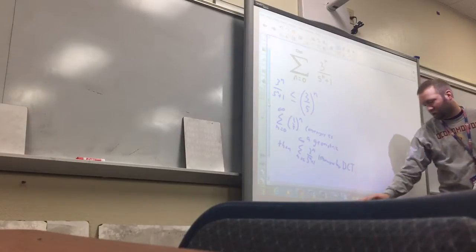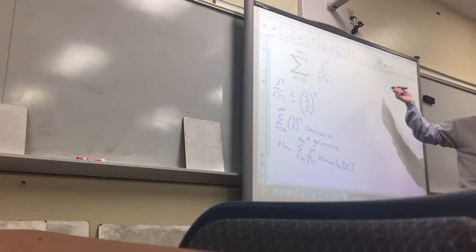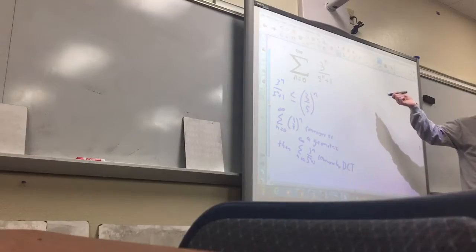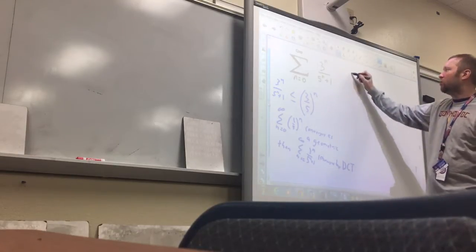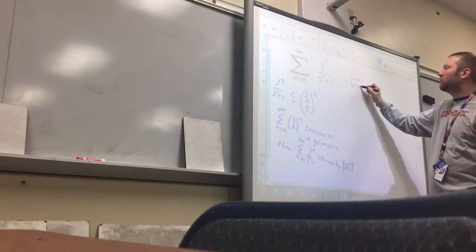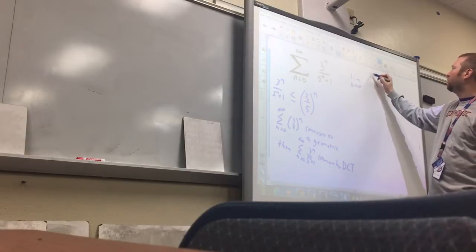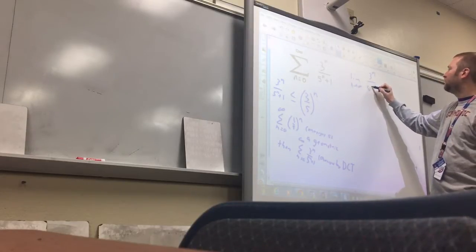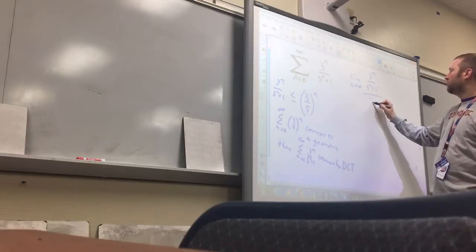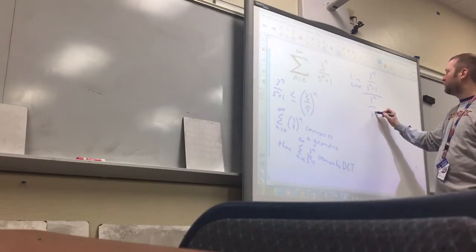which is going to look awfully similar to what the ratio test did to this one, would be finding the limit as n goes to infinity of 3 to the n over 5 to the n plus 1 over 3 to the n over 5 to the n.